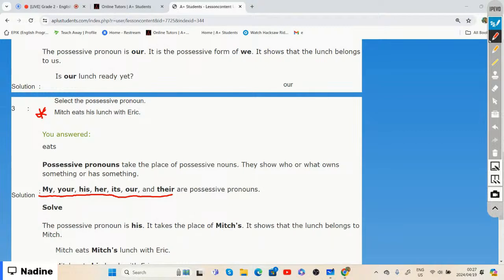The word that takes the place of Mitch. Mitch is a boy, but now we don't want to know Mitch's name. We need to say whose lunch is being eaten, or whose lunch it is. Who's he eating with? Mitch eats his lunch with Eric.